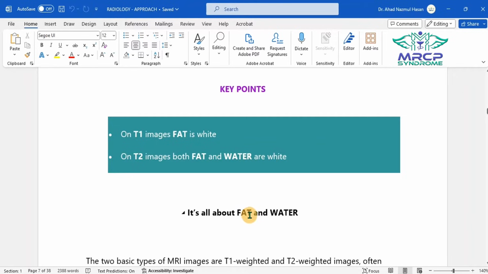So this is all about fat and water, and by water we usually refer to the CSF in case of MRI. So the water or CSF, this is the differentiating point. The water or CSF would be dark in T1 and it should be bright in T2, and the fat components would be bright or hyperintense or white in both conditions.